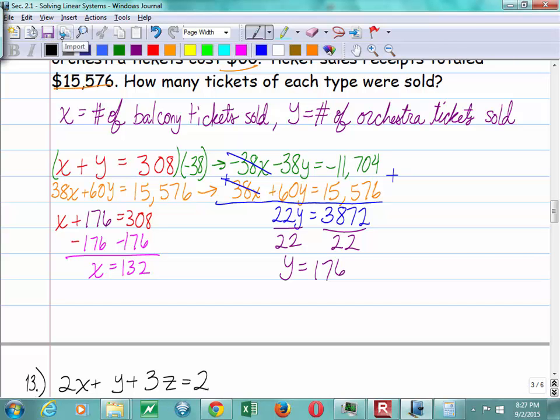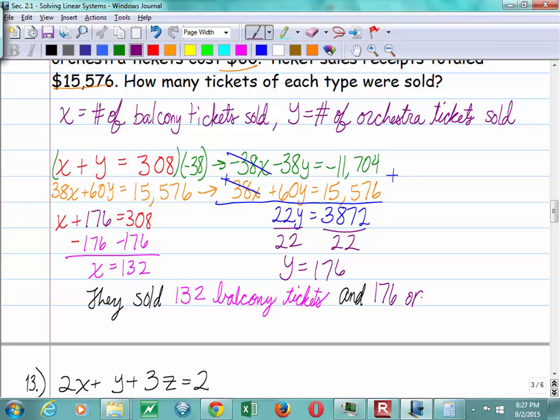Okay, so let's write our answer as a complete sentence. So they sold 132 balcony tickets and 176 orchestra tickets.